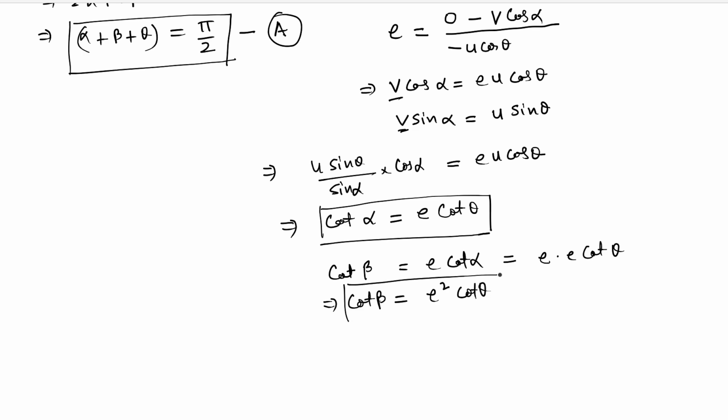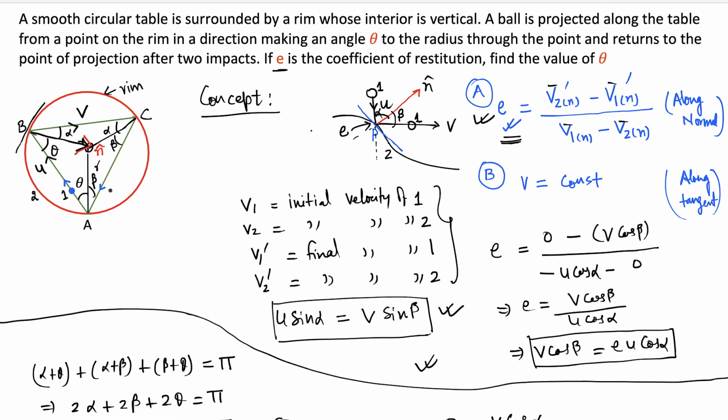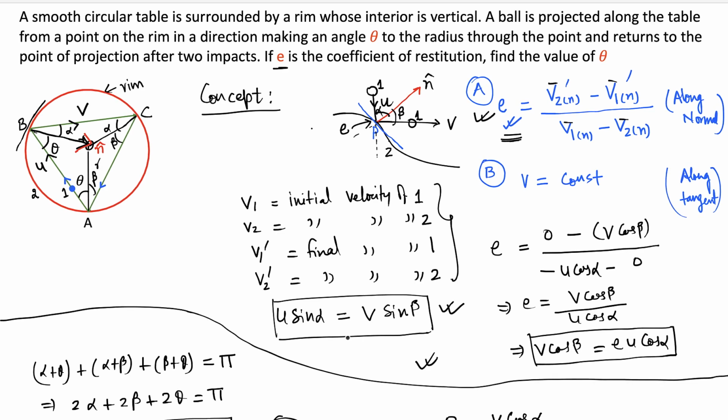Now note that I have seen many will try to write the same equation here, but that's not going to be true because it is just reaching here. It's not saying that after hitting here also it will follow the same path. That would be a different question.